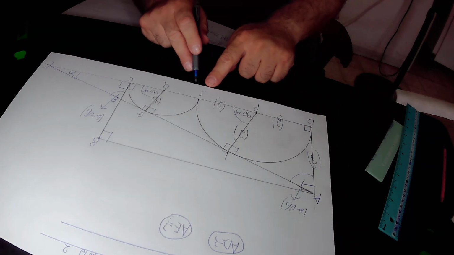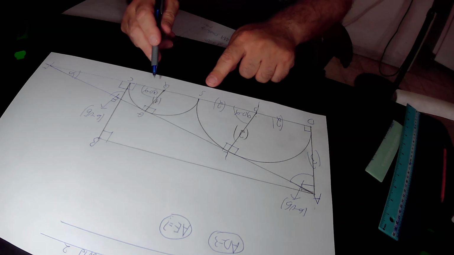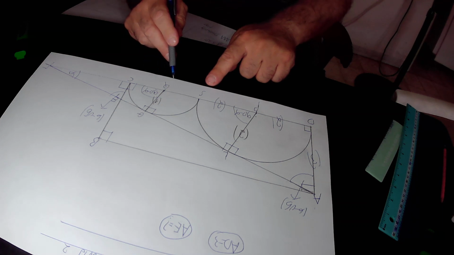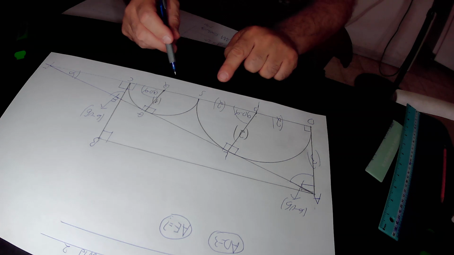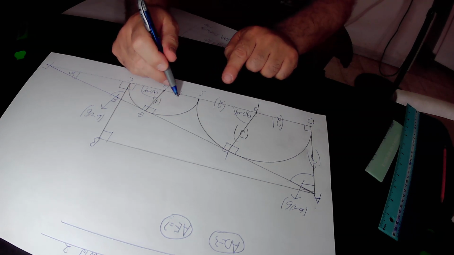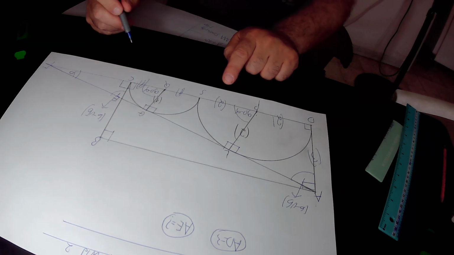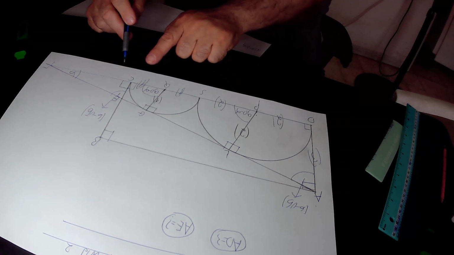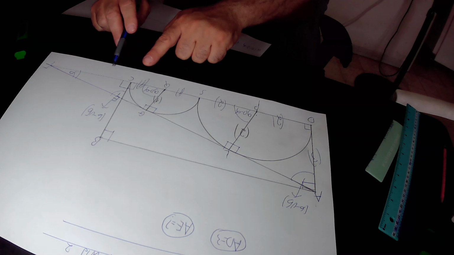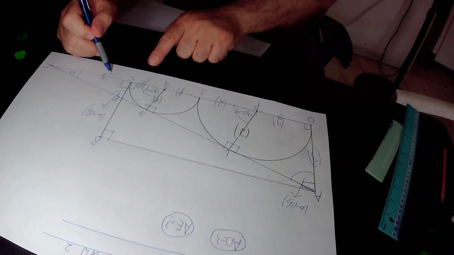Likewise, QS equals QC equals 1. They are both the radii of this circle. So QS equals 1, QC also equals 1, and finally we define the length of this line segment CF as x. Again, CF equals x according to our definition.